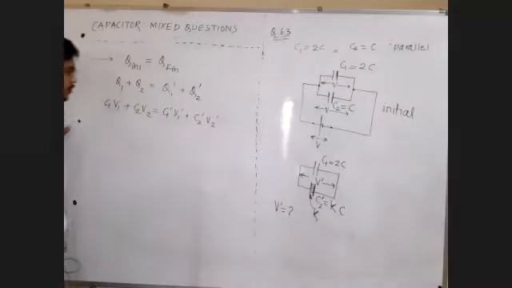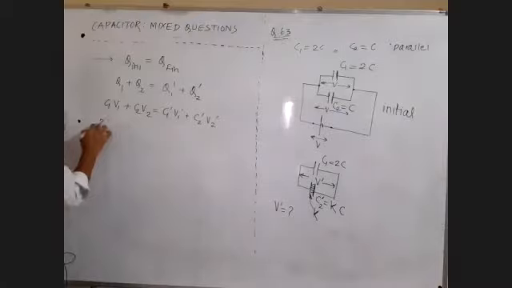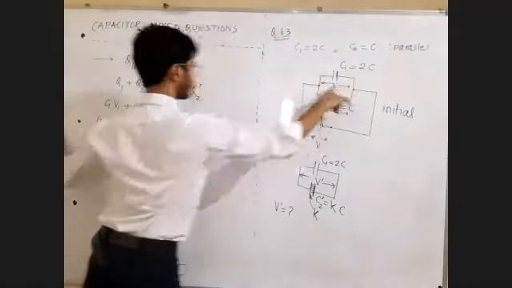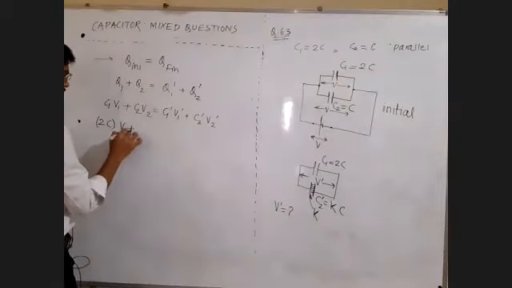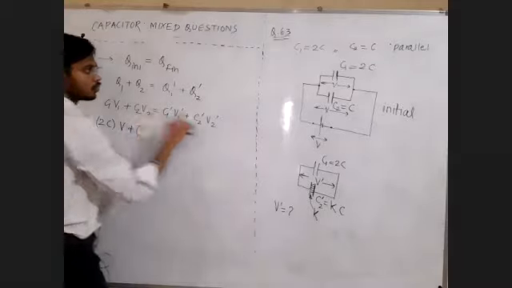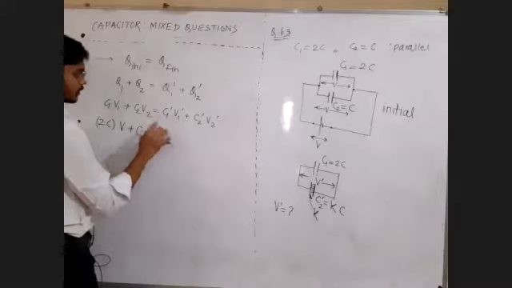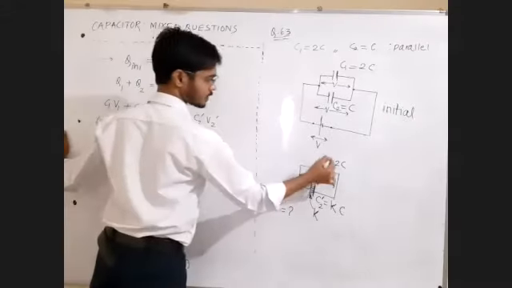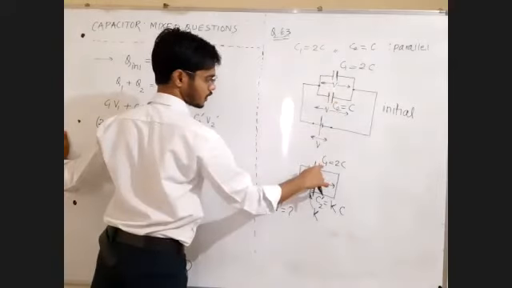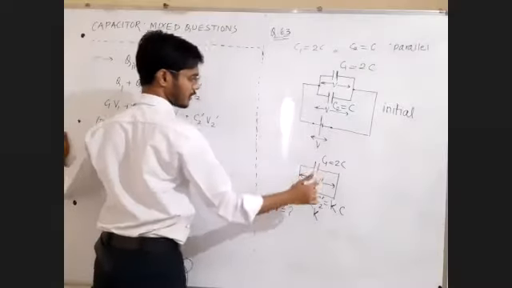Now C1 is equal to 2C, V1 is equal to V, plus C2 is equal to C, V2 is equal to V. C1 dash: capacity has not changed in the first situation, so no need to change the capacity here. Capacity has been changed here, while this capacity will remain as it is.